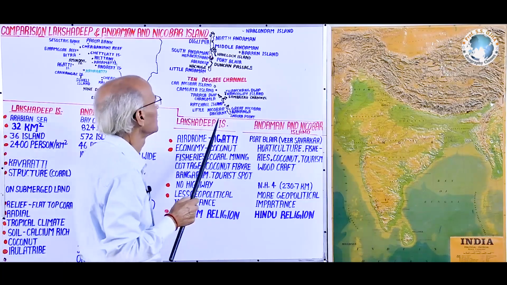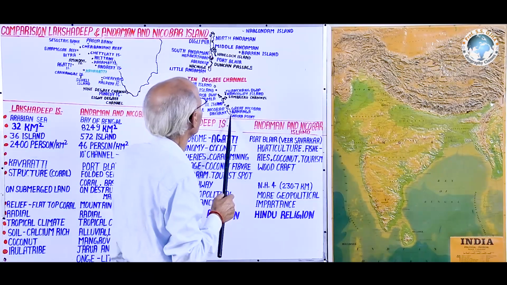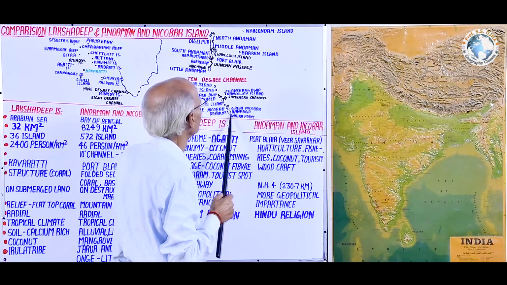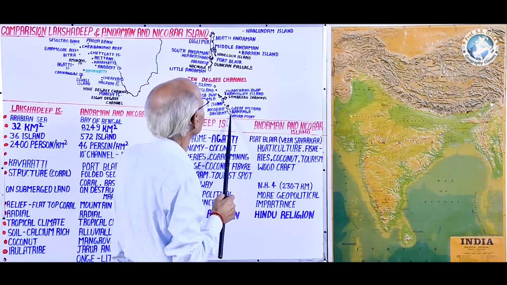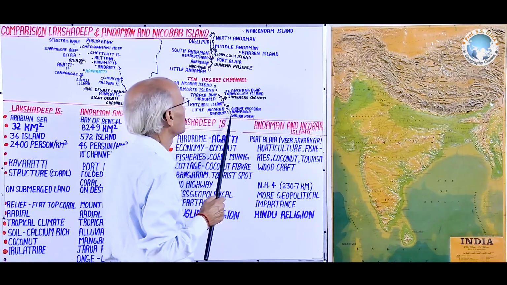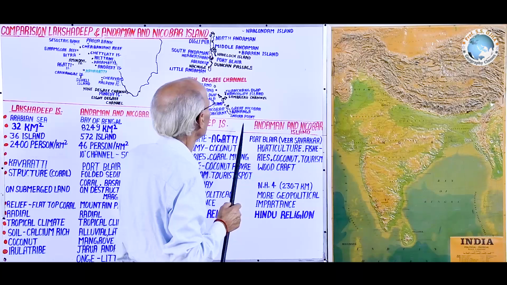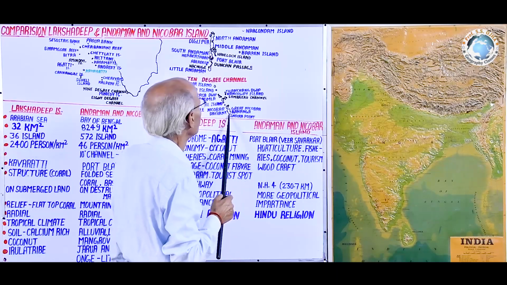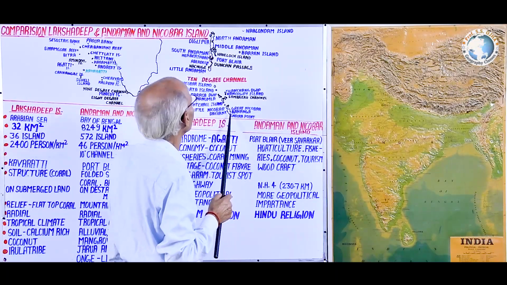Contrary to it, the latitudinal location of Indira Point is 6°45' north latitude, and Indira Point is a tourist spot which was damaged during a tsunami, and earthquakes also occur here.